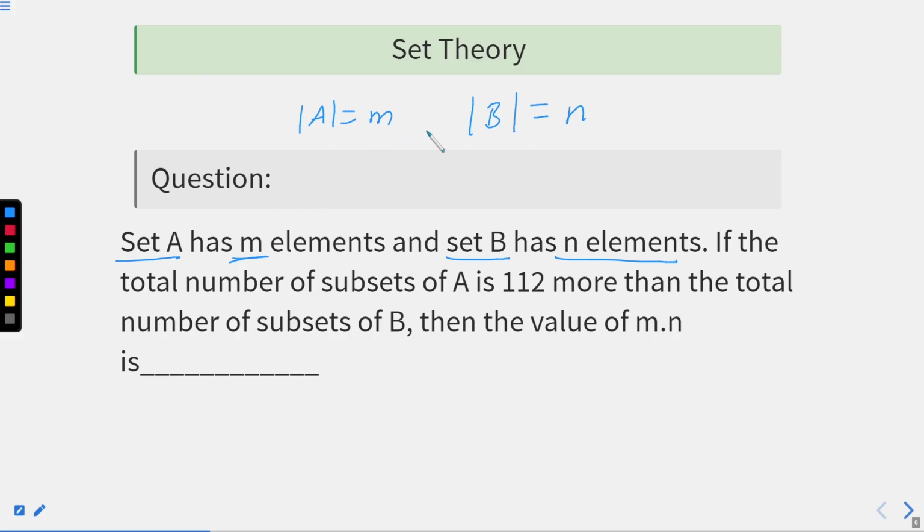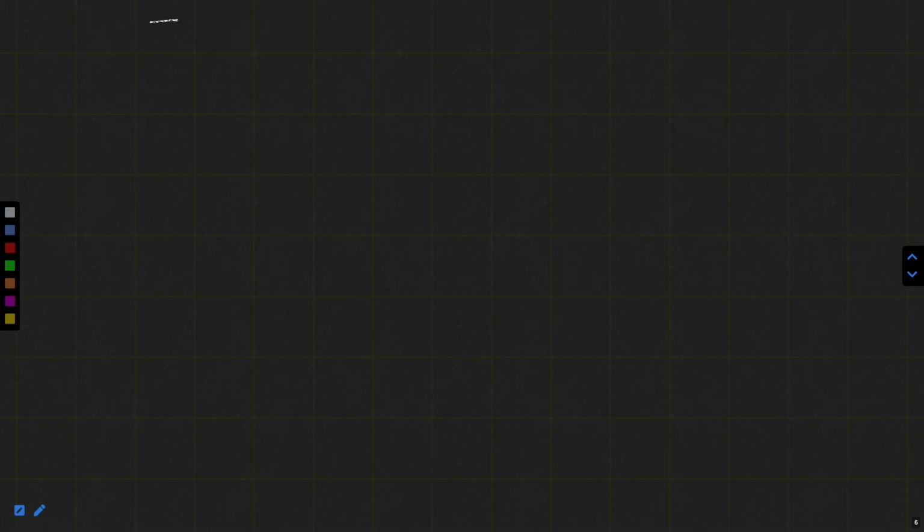Cardinality of A is M, cardinality of B is N. Okay, the total number of subsets of A is 112 more than the total number of subsets of B. First, let's count the total number of subsets of A.